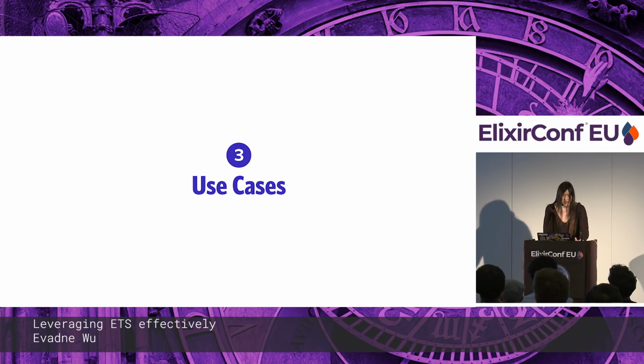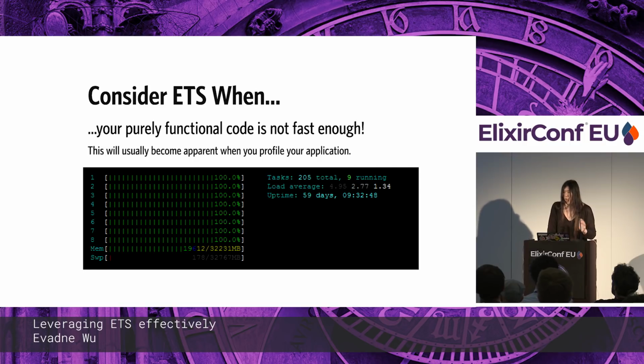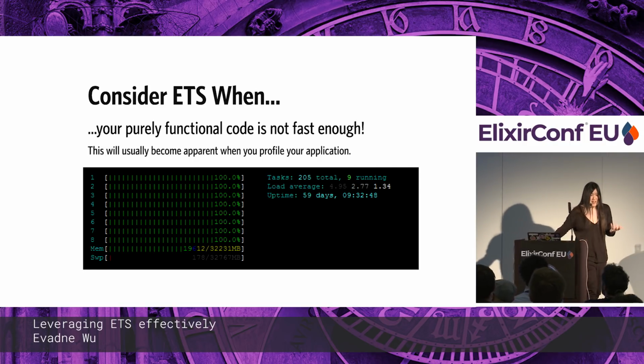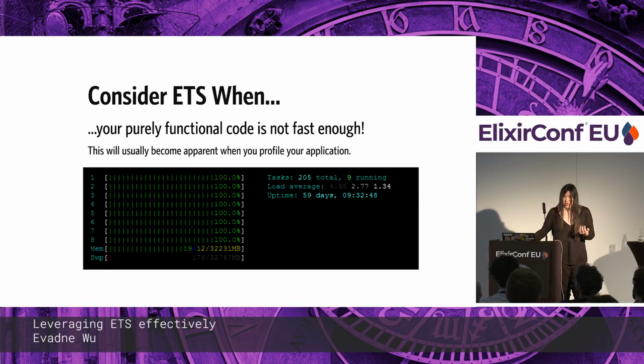Right. So this is when it gets interesting, and I will talk about use cases. Why exactly do you want to use ETS? Maybe you have an Erlang application that uses all the CPU because it is not fast enough, because you're doing complicated work. This is a valid use case for considering upgrading to ETS.